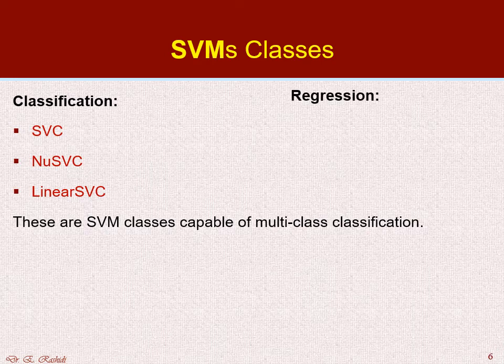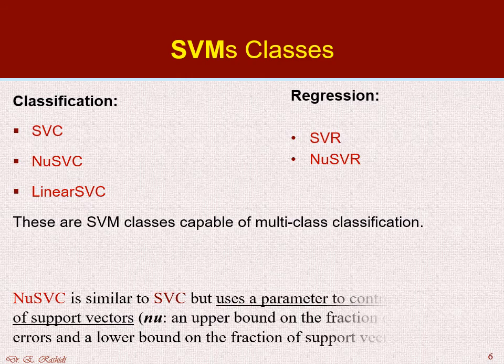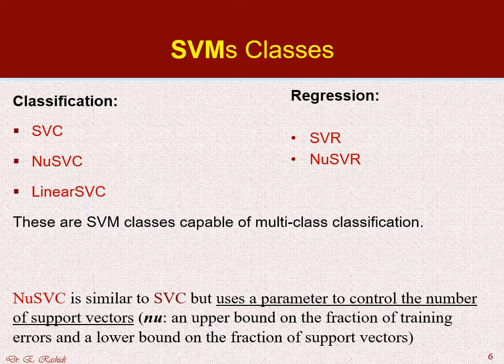For regression classes, we have SVR, which is support vector regressor, and nu SVR. For classification, the nu SVC is similar to SVC, but uses a parameter to control the number of support vectors. Nu is an upper bound on the fraction of training errors and a lower bound on the fraction of support vectors.